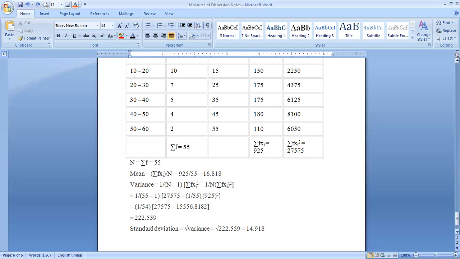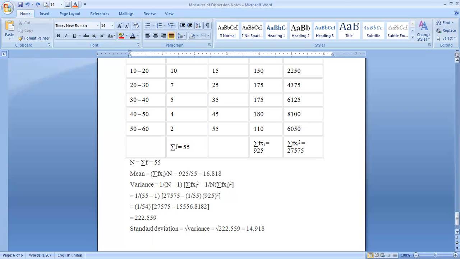The variance is given by 1 upon n minus 1 multiplied by summation fi xi square minus 1 upon n times summation fi xi whole square. This equals 1 upon 55 minus 1 multiplied by 27,575 minus 1 upon 55 times 925 whole square.